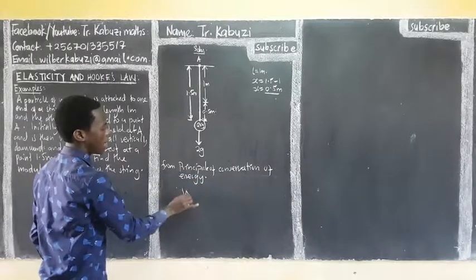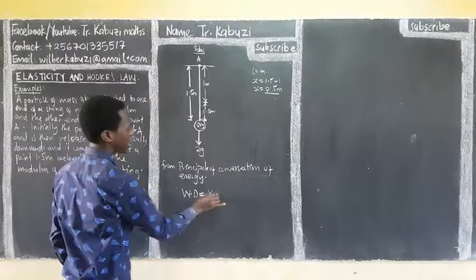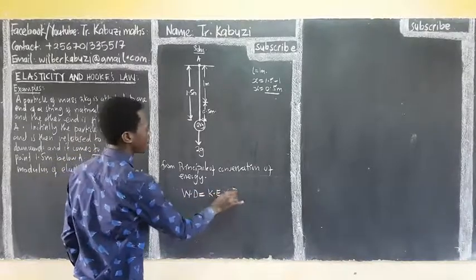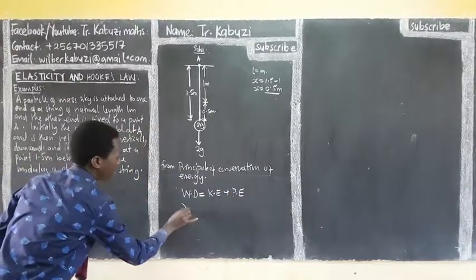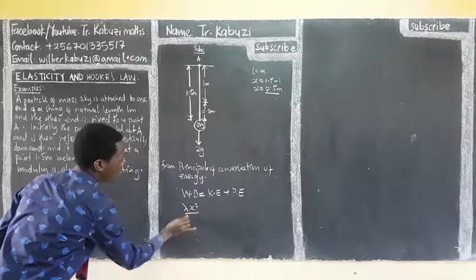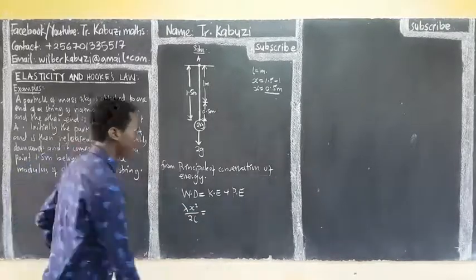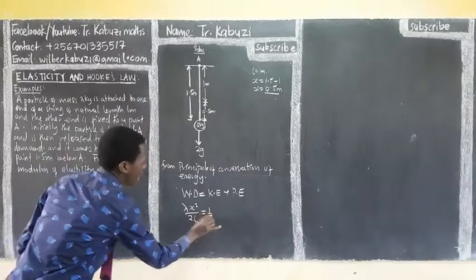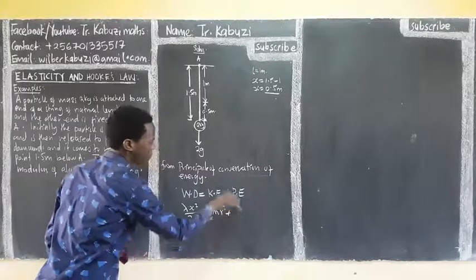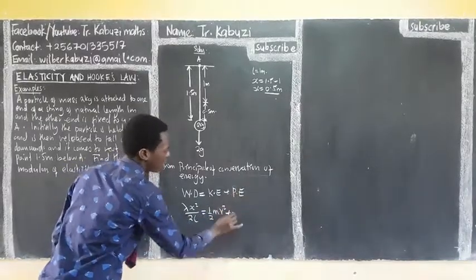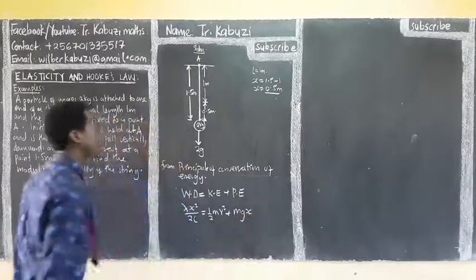You know that our work done is given by the kinetic energy plus the potential energy. You know that the work done in an elastic string is given by lambda x squared over 2L. Then it's going to be a half mv squared, plus mg times x.